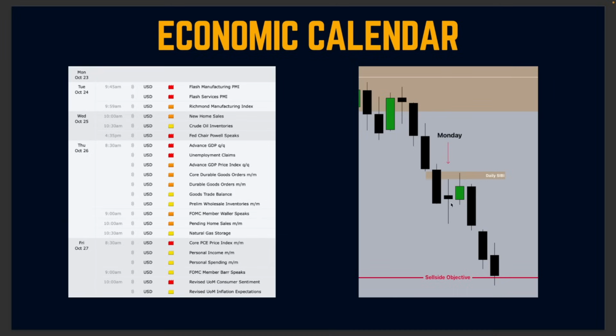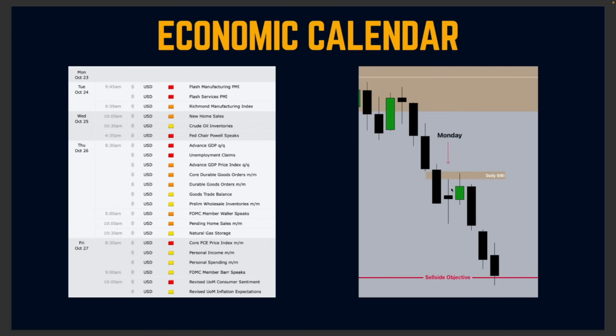Monday, remember the seek and destroy protocol, right? We had large expansion the previous week, and we had no news here. So it's expected for this chop, right? But once this candle closes, what does it create? This daily SIBI, okay? What did I mention earlier in the video?